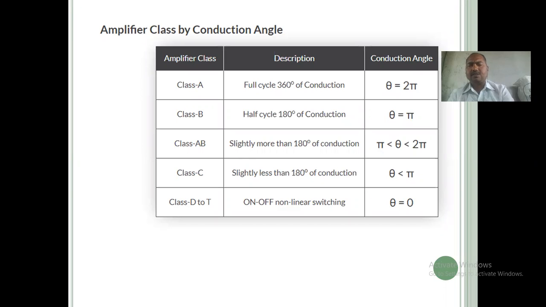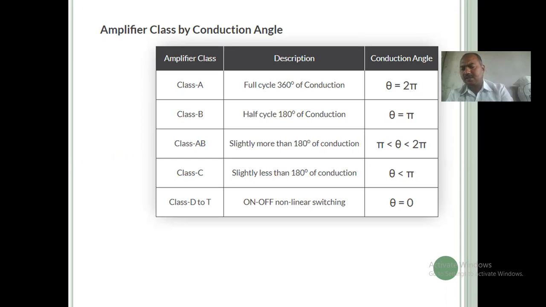Okay, a class B type of amplifier indicates a half cycle. Half cycle indicates that in a class B amplifier, two transistors are used. Two transistors, each working for a 180-degree period, so the conduction angle is 180. In the case of class AB, the conduction angle is greater than 180 and less than 360 degrees. Why does class AB need such a conduction angle?